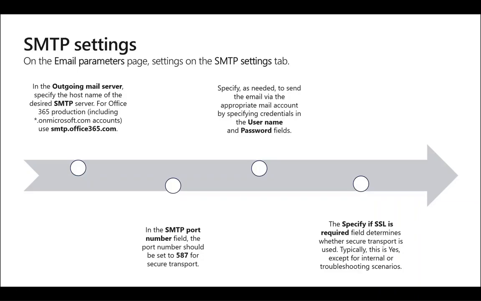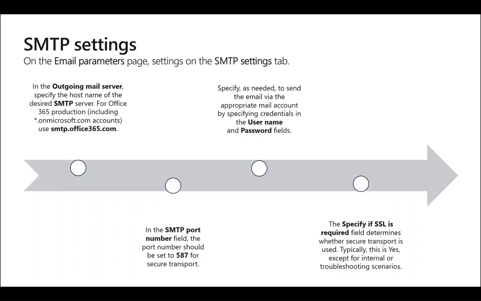For Office 365 production, including onmicrosoft.com accounts, use smtp.office365.com as the SMTP server.